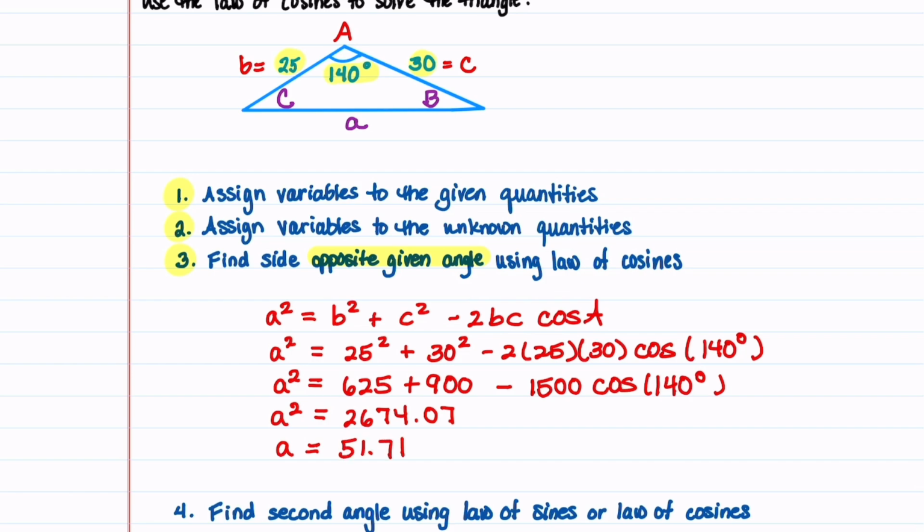The fourth step is to find the second angle using the law of sines or the law of cosines. I'm going to choose our second angle to be angle B and find it using the law of sines because it's easier than using the law of cosines.